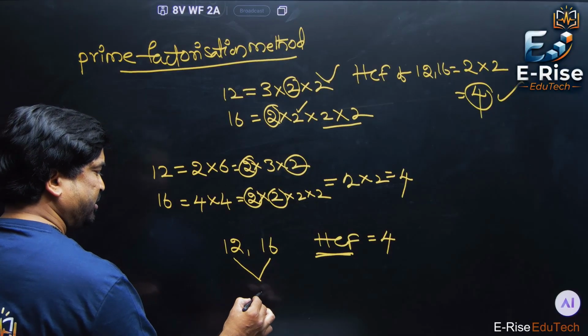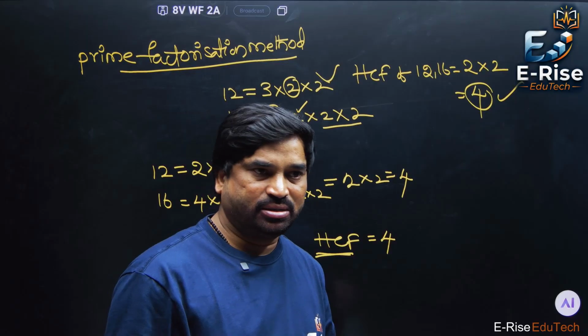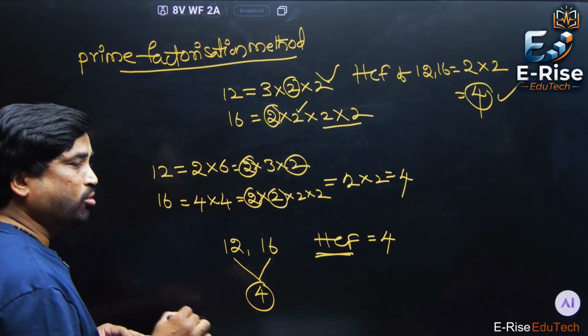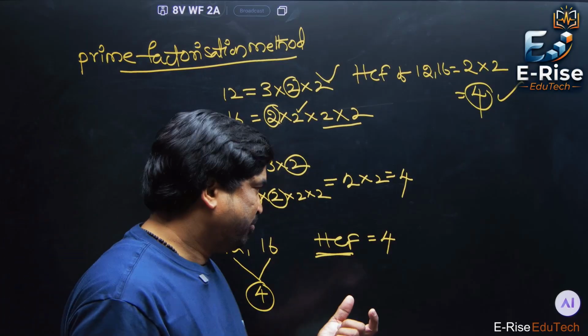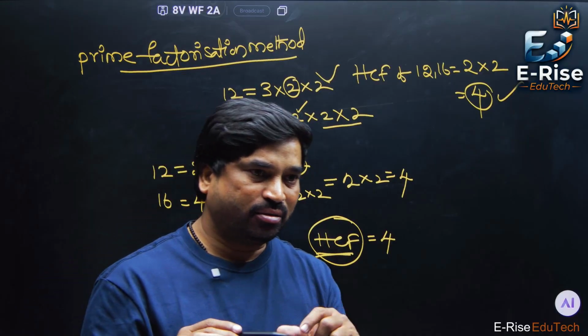Suppose here 4 is the highest common factor; we'll check it by a different method. Our name is HCF, so is the highest common factor satisfied or not?